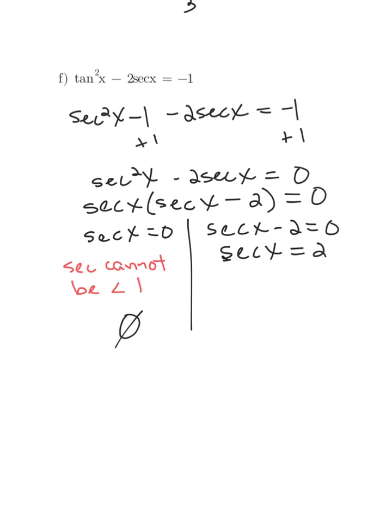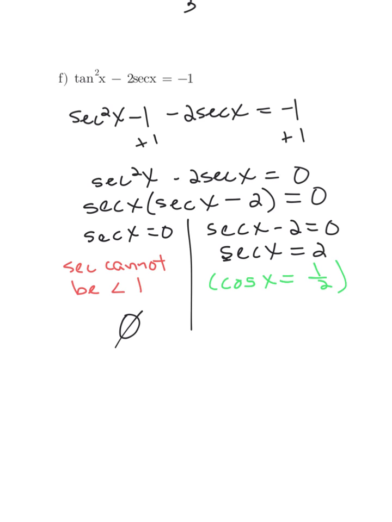And then remember that if secant is 2, then the cosine has to be 1/2. So where are both secant and cosine positive? That's in quadrants 1 and 4.